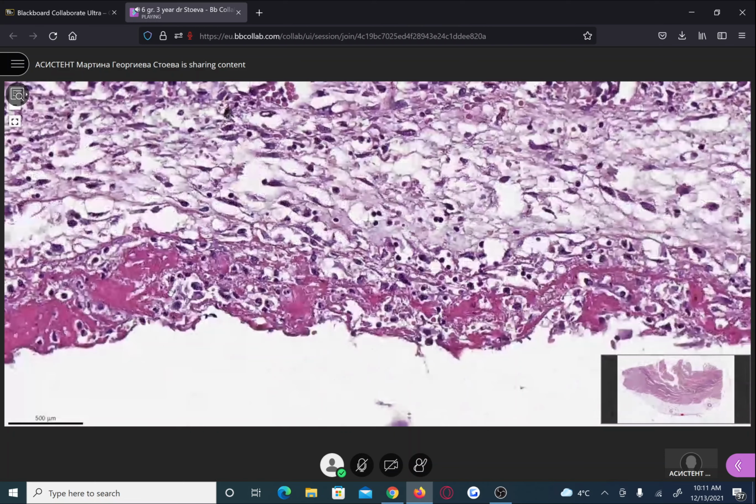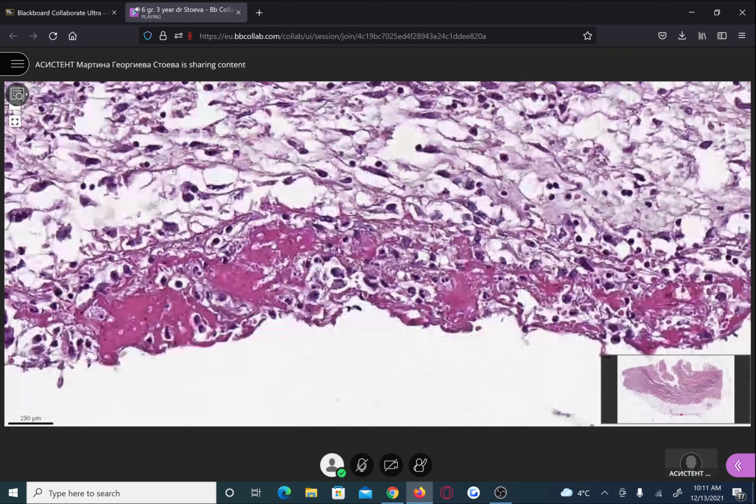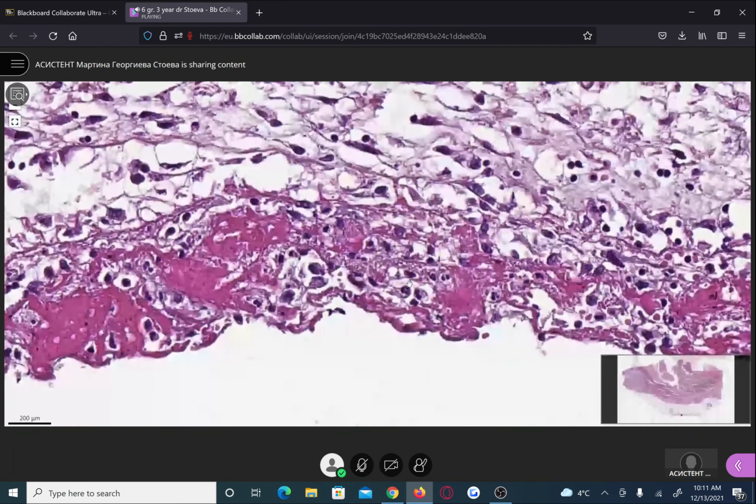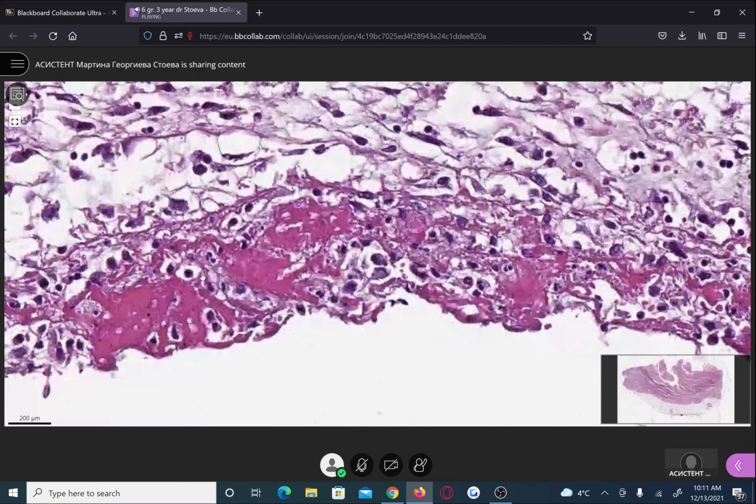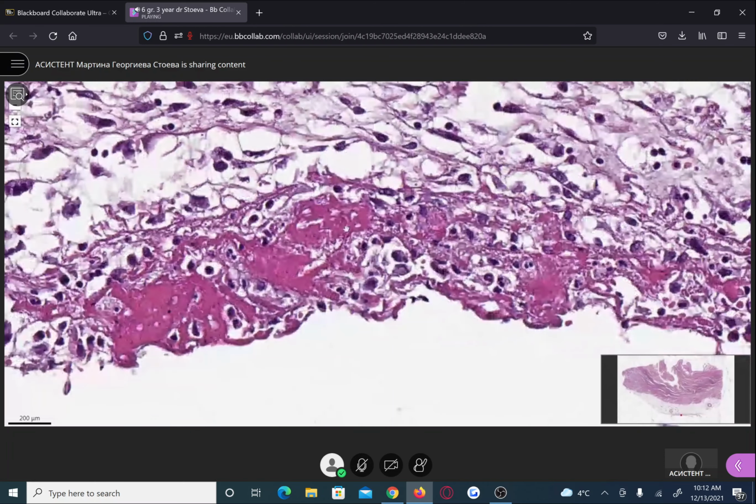And this thing looks like fibrin, meshwork of fibrin strands intermixed with inflammatory cells. Again, the neutrophils are quite well visible. So based on these morphological findings, we can say that there is fibrinous inflammation on the pericardium or fibrinous pericarditis.